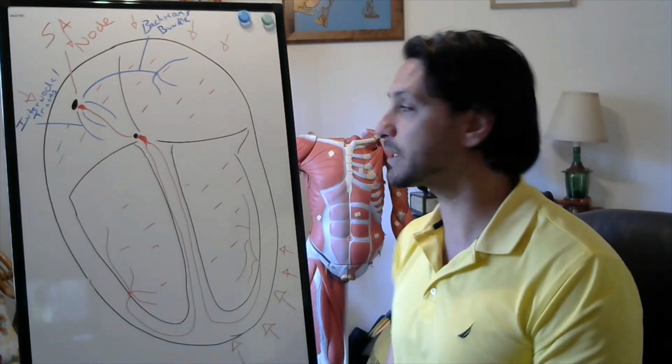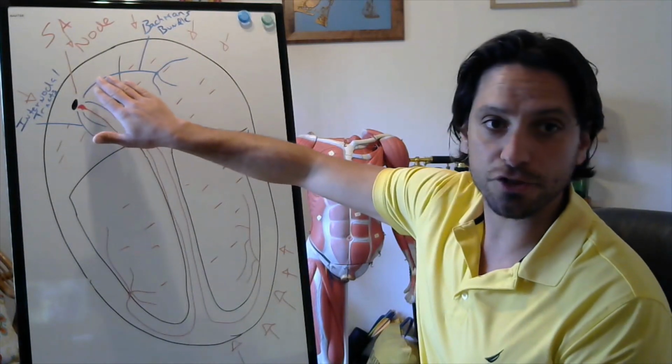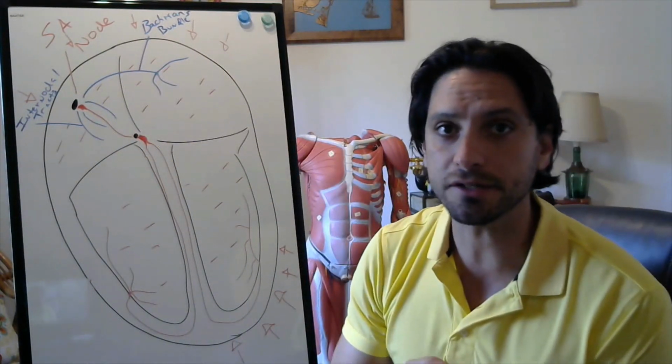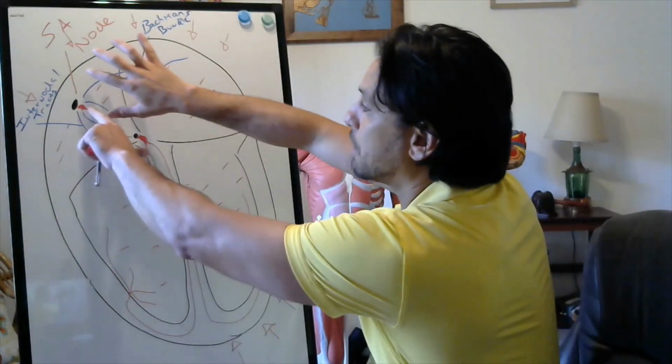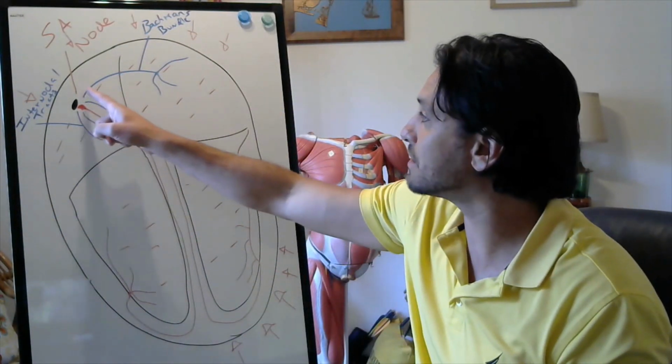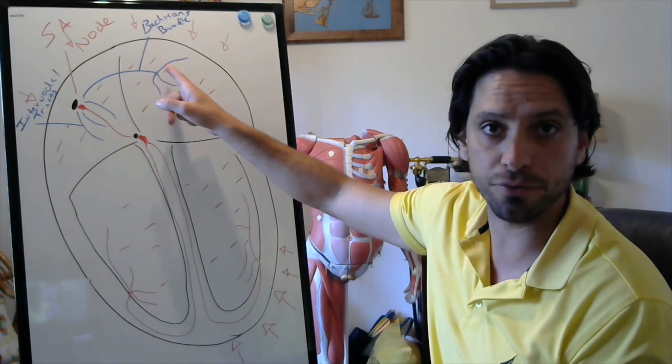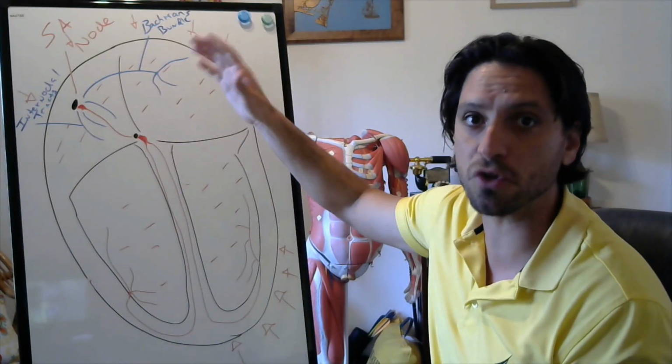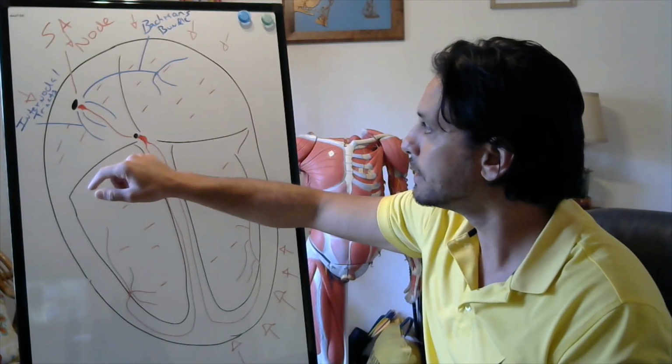That causes the electrical conductivity to flow. Electrical conductivity also flows within the muscle cells, okay? However, it is not as fast as it flowing through Bachmann's bundle, through nervous tissue. It's a little bit slower.